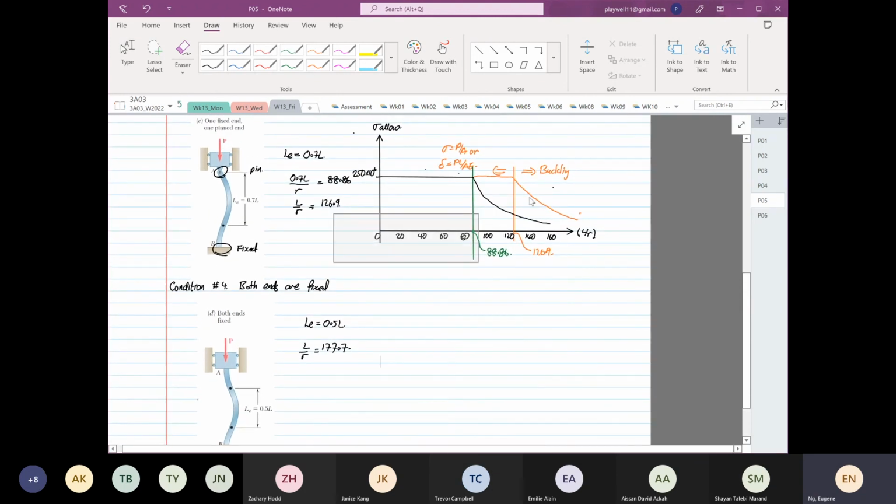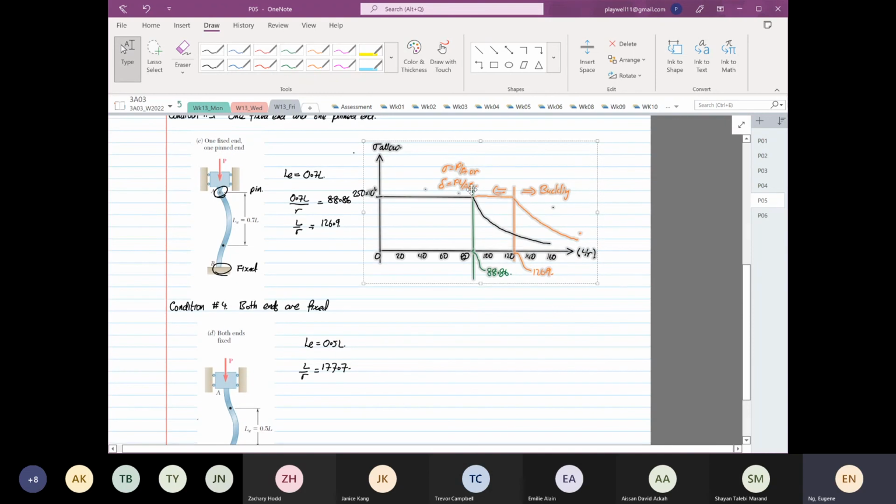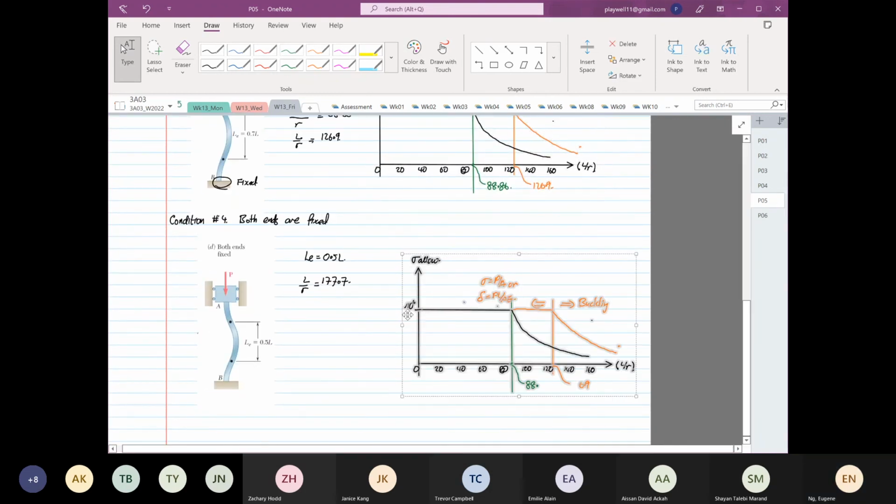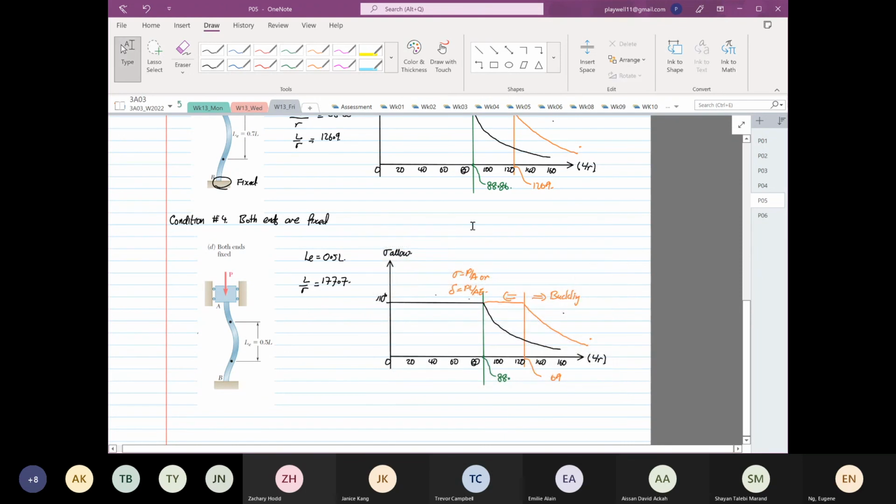If I were to just copy this again, just to show, now you guys know how this graph works. It's straightforward. Now what happens is 177.